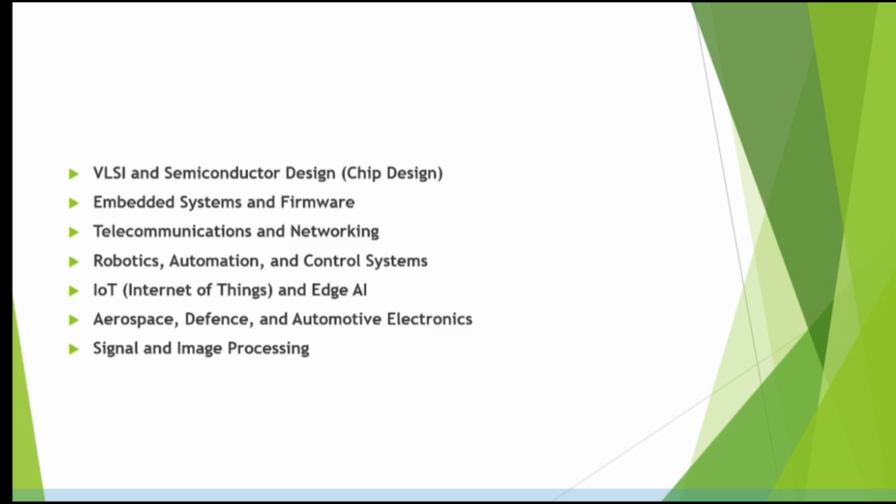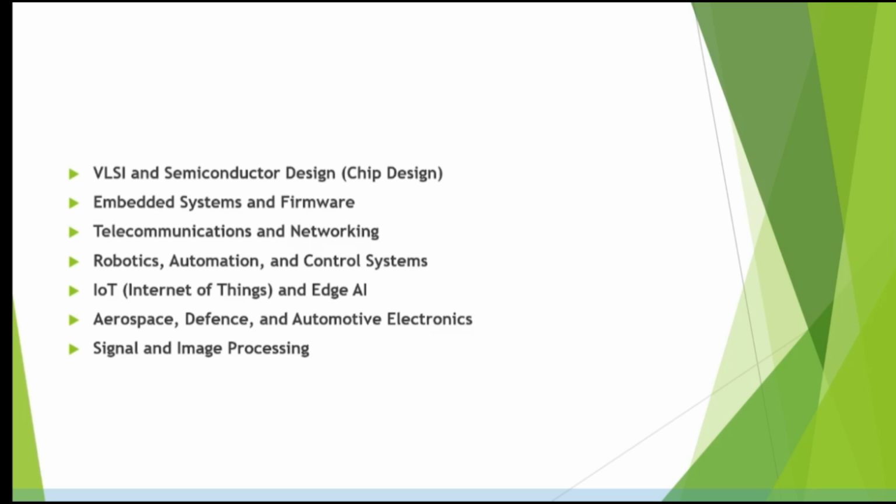Then the second thing is embedded systems and firmware. You all know that embedded systems are nothing but the combination of hardware and software components, right? You can see them everywhere, in all electronic devices from your washing machine to your fridge. All these are embedded systems, right?